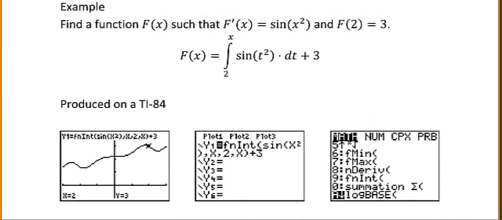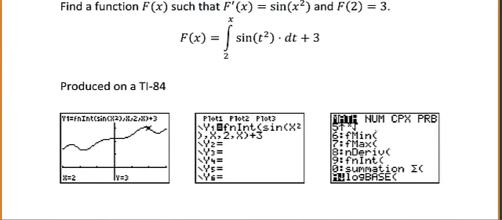You could even do this on a TI-84. This is a little more time consuming because it's slower, but here's a plot that I produced, and here's the plot of that function f of x. I think we're going from -3 to 3 here. Here's how I produced the plot.